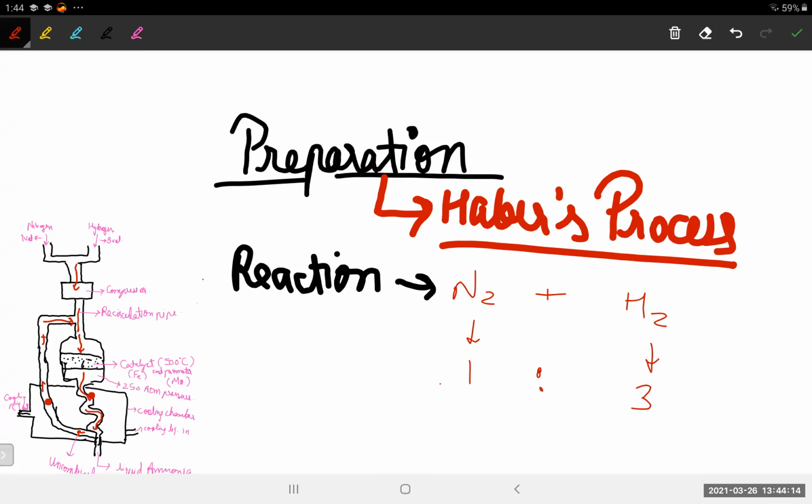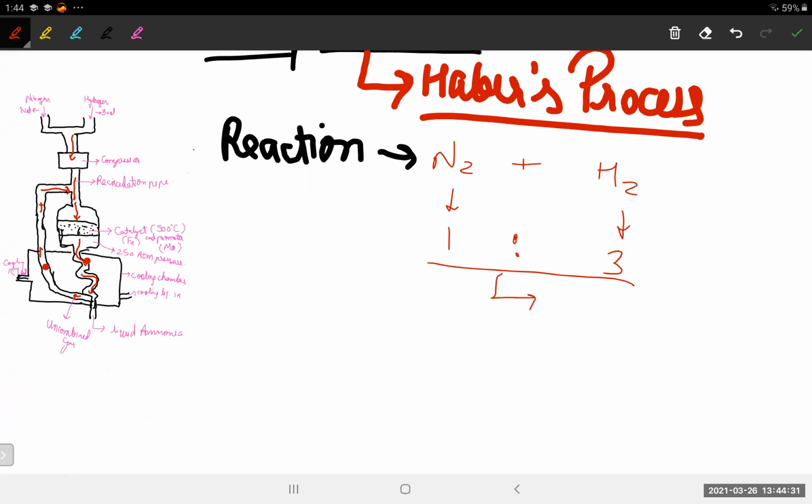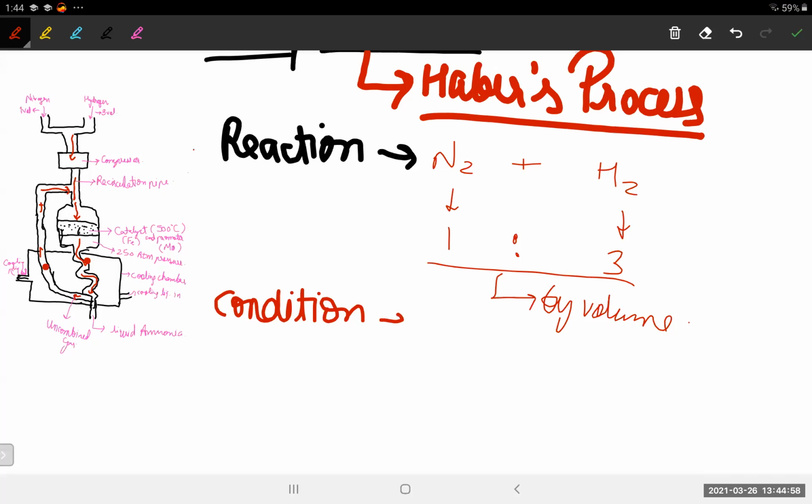Now, the conditions which are required here: we want N2 and H2 in the ratio 1:3 by volume.